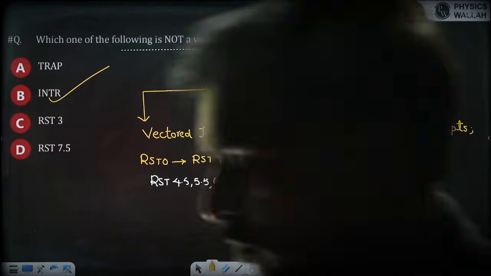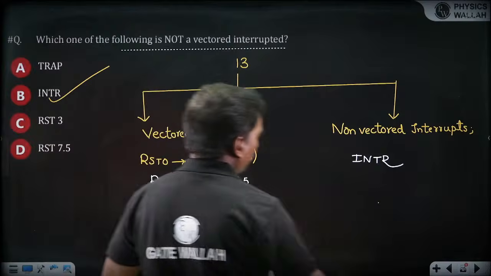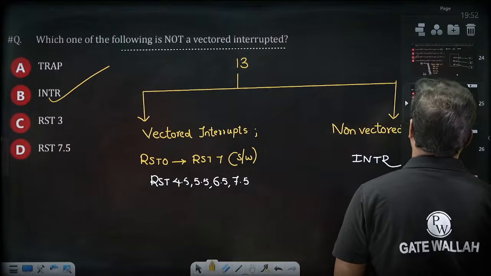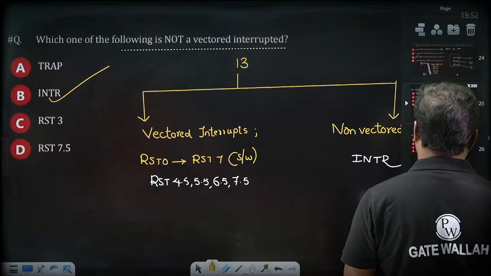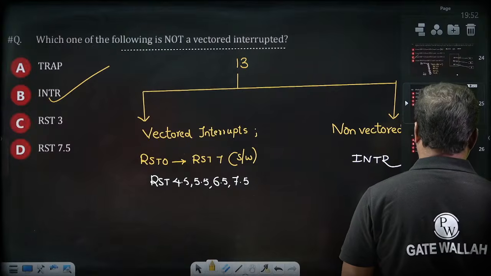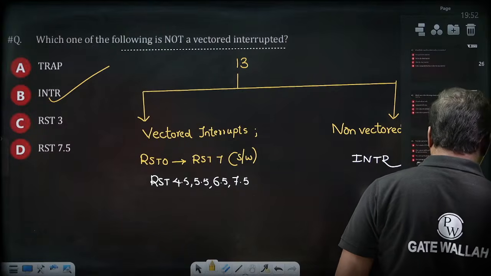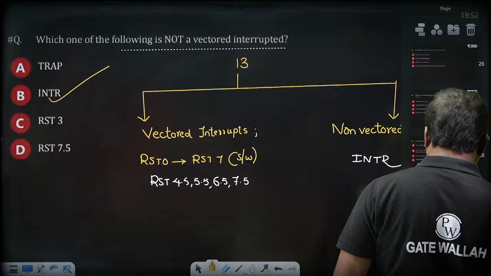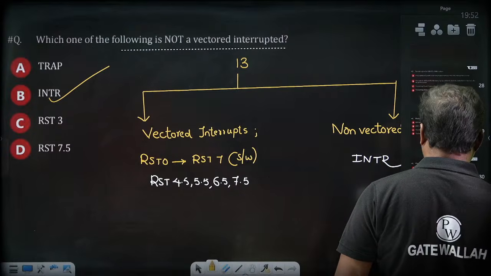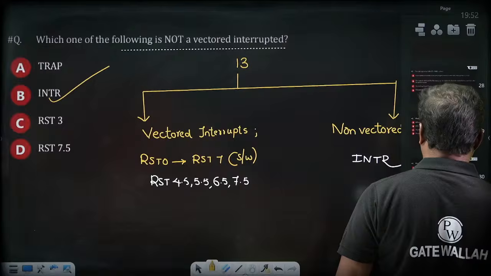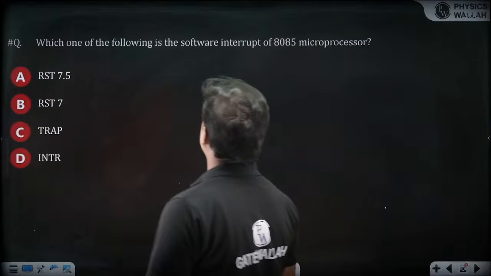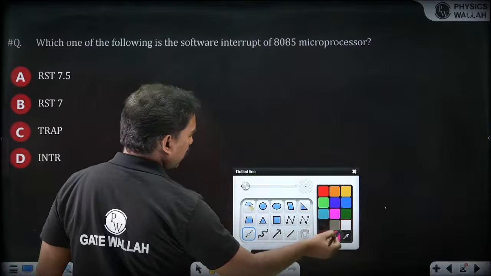Done. Chalo. Now let us go for another question. Which one of the following is a software interrupt? See how many questions there are on interrupts.